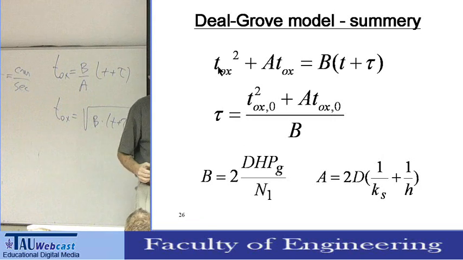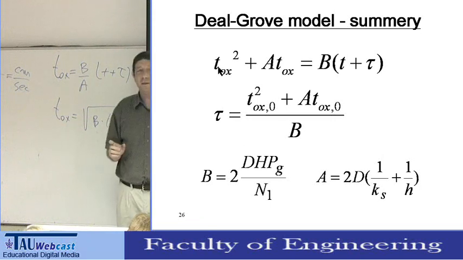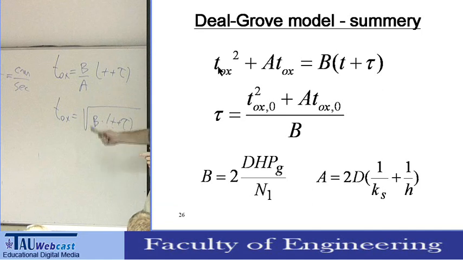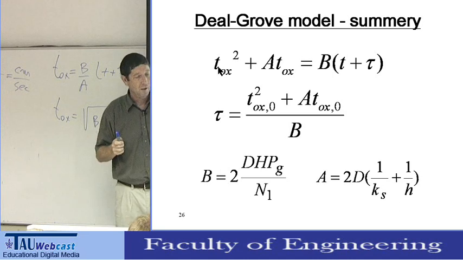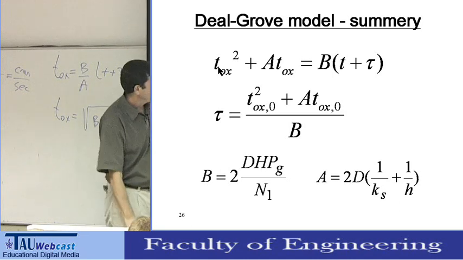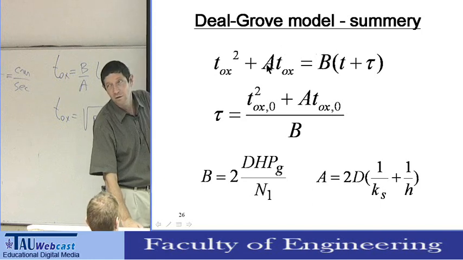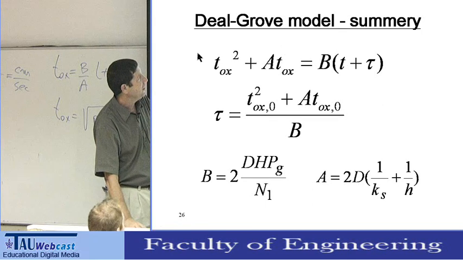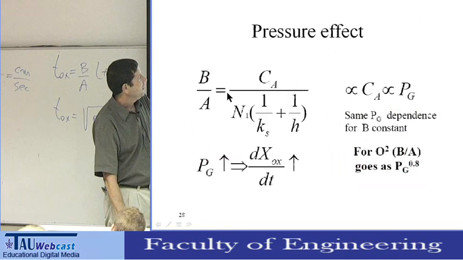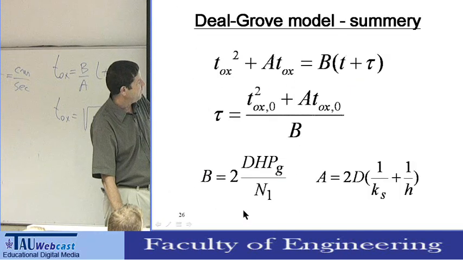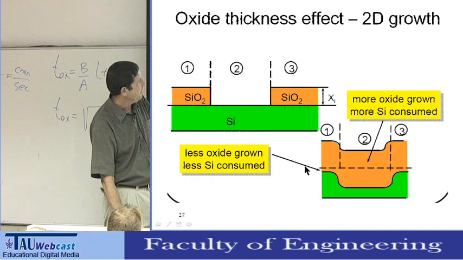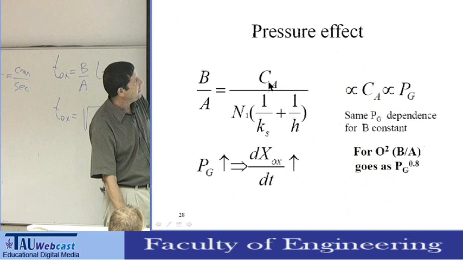So usually, people don't look at A and B, but at the constants. The constant B they call the parabolic rate, and the constant B over A is always called the linear rate, or the linear constant. So the linear constant B over A, if I take B and A from this equation and divide them, I will find it depends on CA.